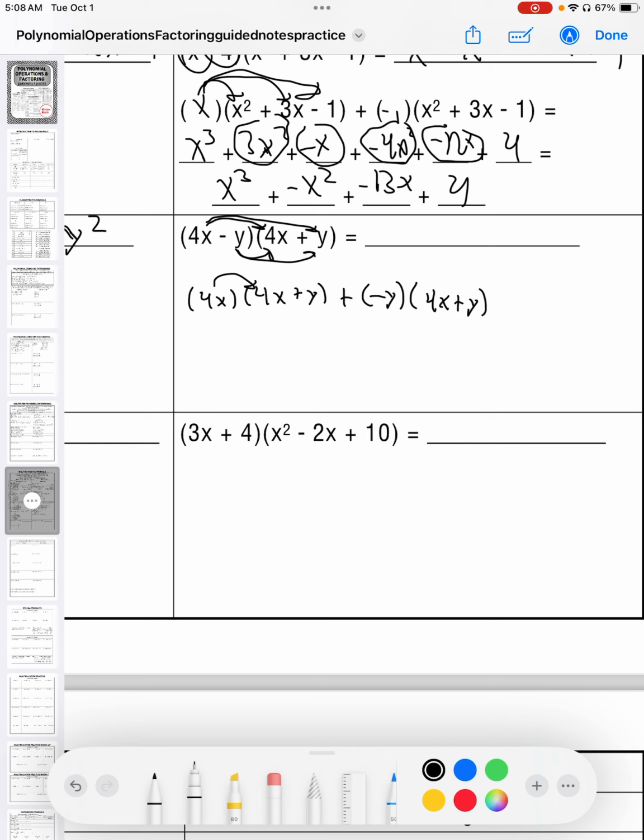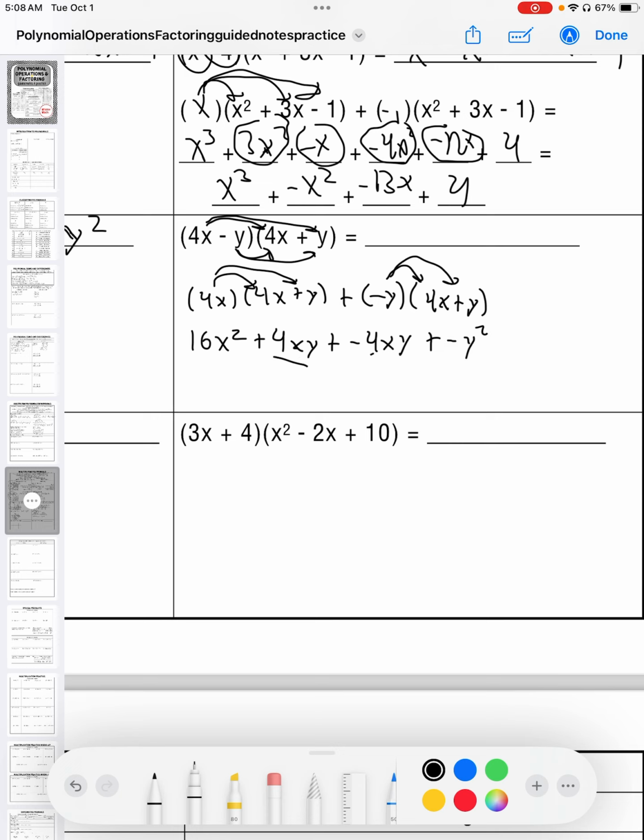So 4x times 4x would give me 16x squared. 4x times y would give me plus 4xy. Negative y times 4x would give me plus negative 4xy. And negative y times y would give me plus negative y squared.